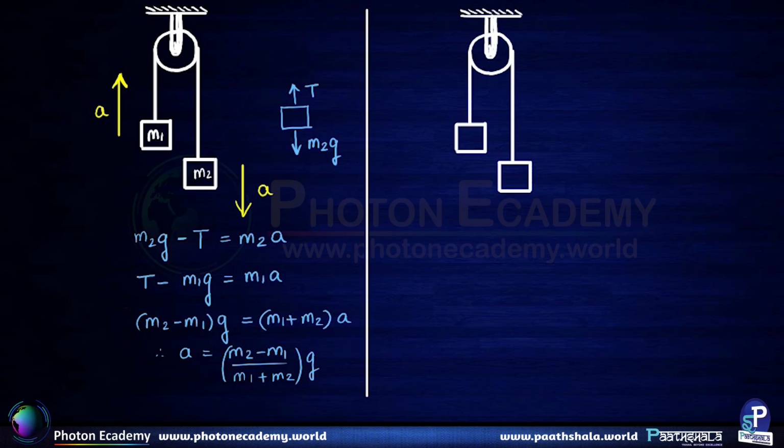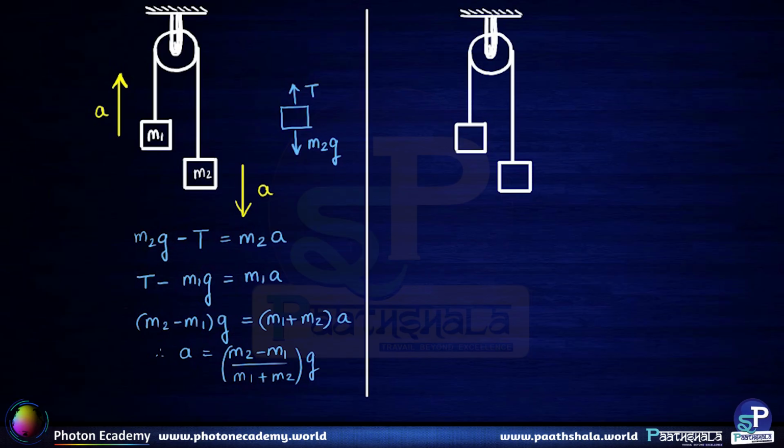The second method is called the method of constrained motion. In this particular method, we assume that both the accelerations a1 and a2 are pointing in the downward direction.